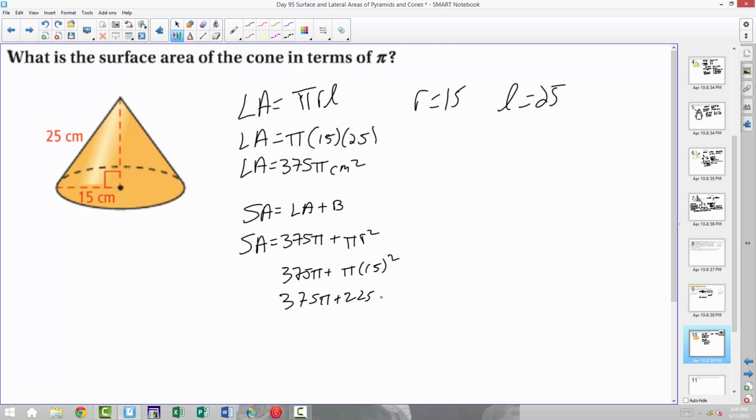Remember, when it's in terms of pi, you don't use pi at all in the calculator. You don't use 3.14 in the calculator. You don't use the symbol pi in the calculator to get your answers. So when you add up 375 plus 225, 600 pi. So all of this is equal to 600 pi centimeters squared, and that's your surface area.